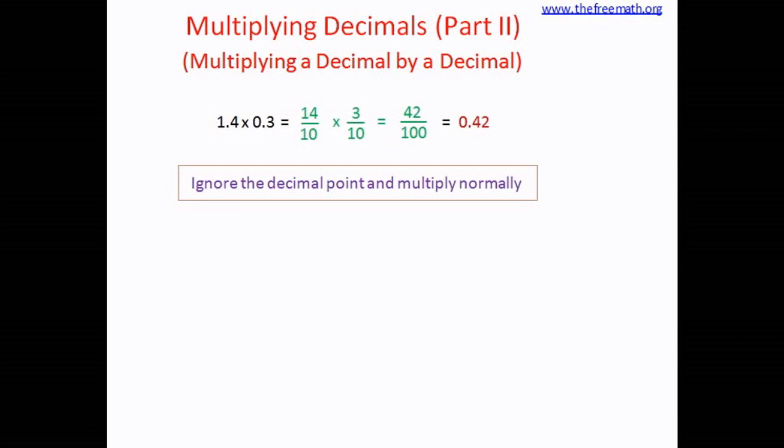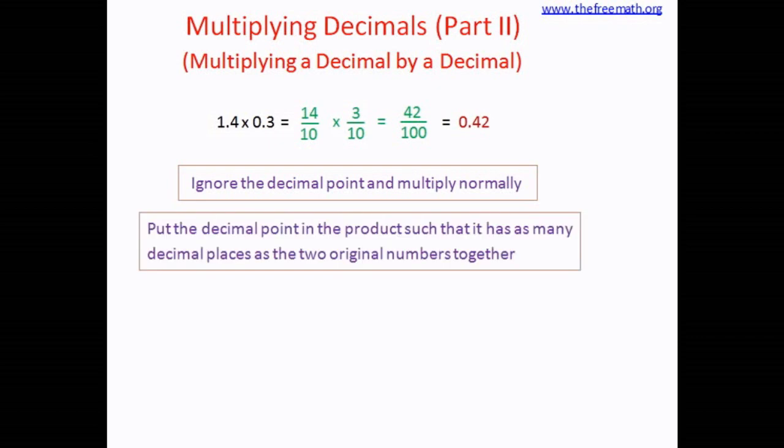In the next step, we put the decimal point in the product, in the answer. Now how do we do that? We count the decimal places in the two numbers that we multiplied, and we make sure that the product has as many decimal places as the two original numbers.